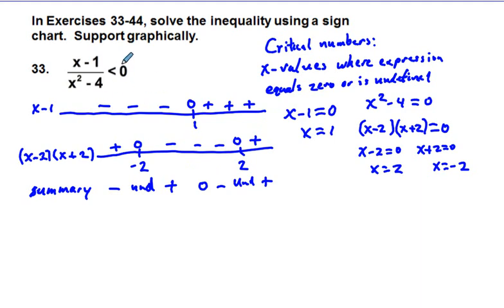And so we're trying to find where this expression's value is less than 0, and we see that where we see the negative signs. So I'm just going to make a summary statement here.